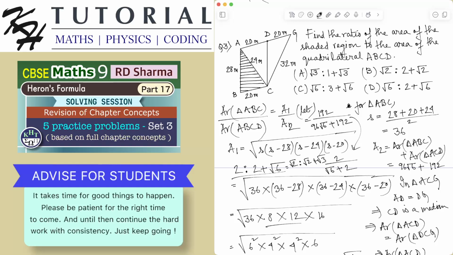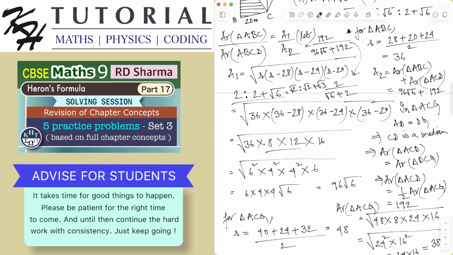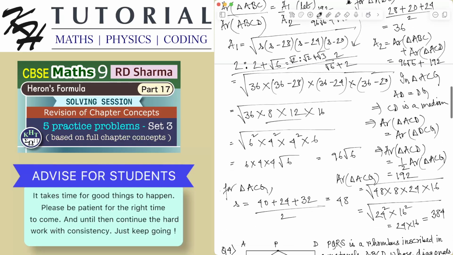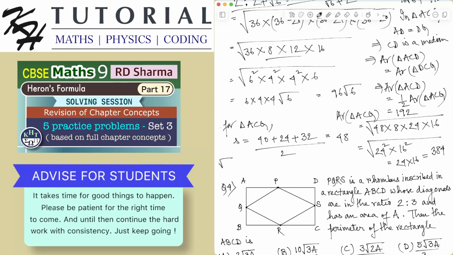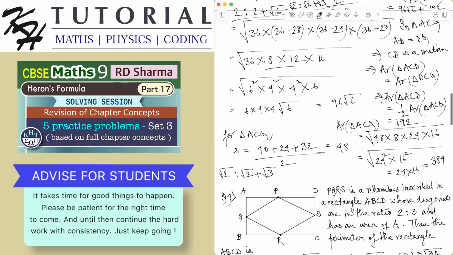So we have simplified the ratio to be square root of 2 is to square root of 2 plus square root of 3.